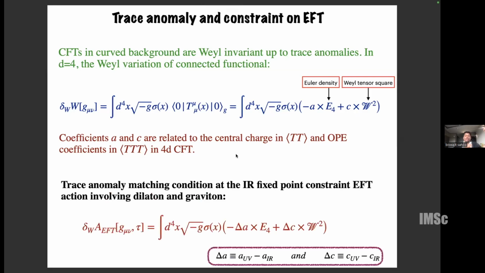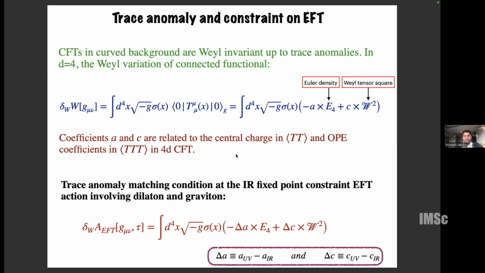Very nice. So now, as I was saying, take this CFT placed in a curved background, couple it in a Weyl invariant way, then deform the theory and restore the conformal symmetry breaking by introducing the dilaton as like a spurion analysis. Now the theory is completely Weyl invariant up to this Weyl anomaly term controlled by the UV CFT, and now flow to the IR. What happens is that this trace anomaly matching condition in the IR will put some constraint on the effective field theory you get by integrating out massive degrees of freedom.